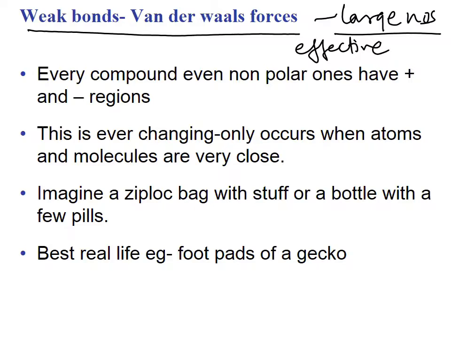So every compound, polar or non-polar, has positive and negative regions. This is all the time changing. That is only possible when molecules and atoms are very, very close. Imagine you take a Ziploc bag, and everything is here. When you move the Ziploc bag, everything moves this way.